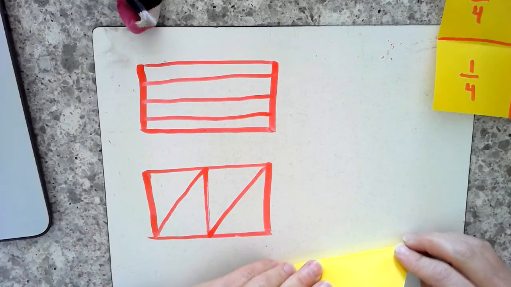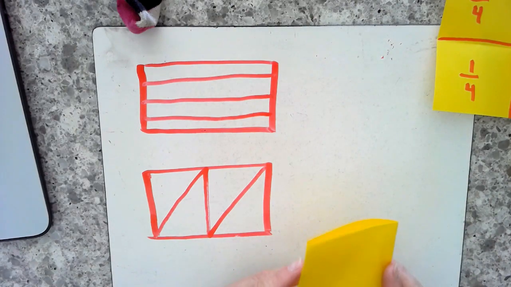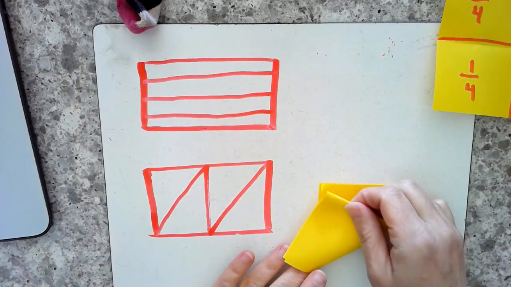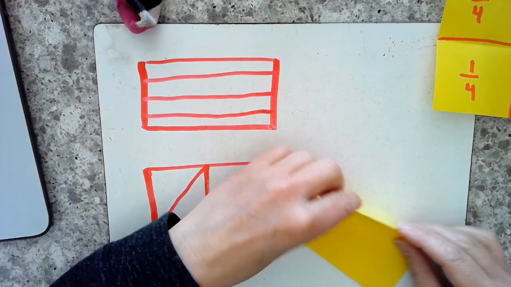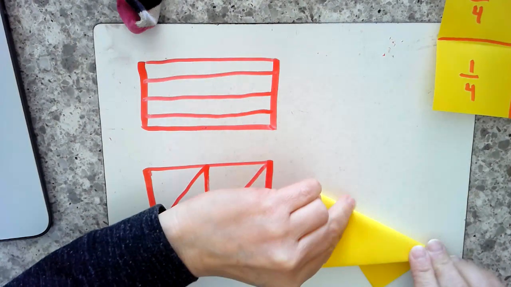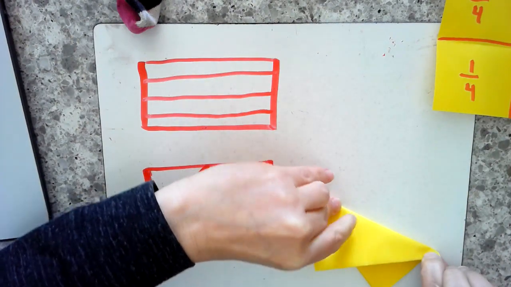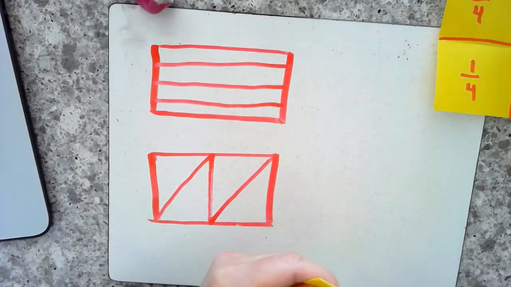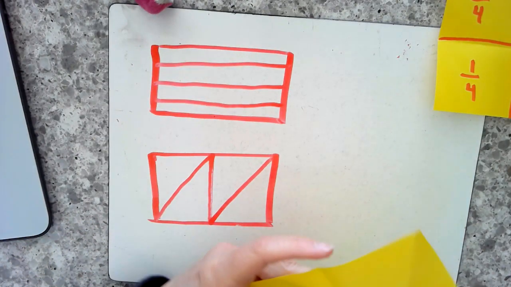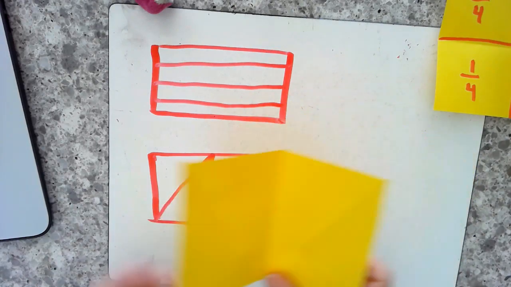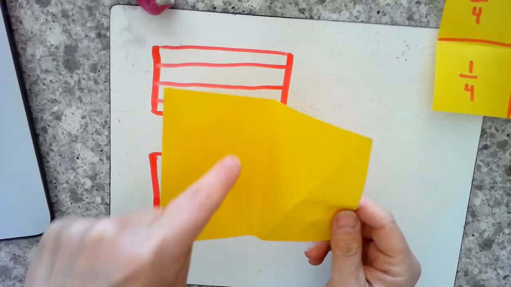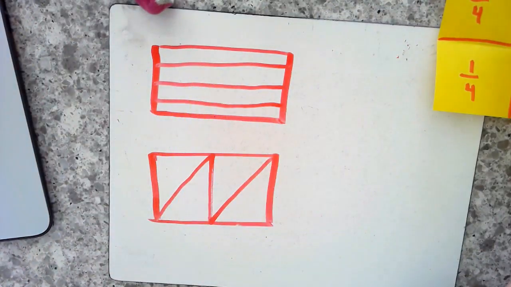And then I think this is it. Kind of it. My diagonal lines are going the opposite ways, but it's still 1/4, 1/4, 1/4, and 1/4.